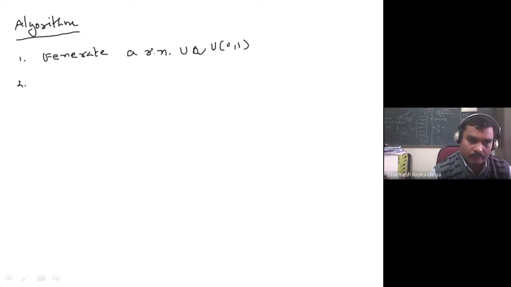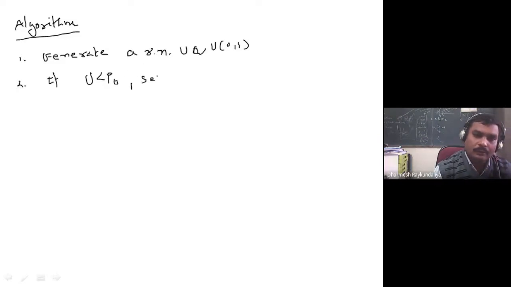Second, if u is less than p0, then immediately you have to set x equal to x0 and stop.